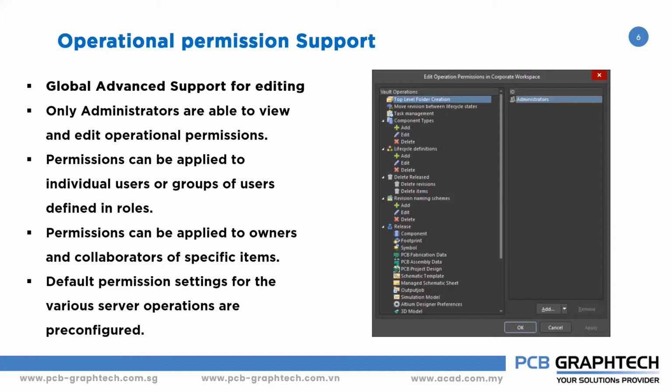When you give rights to only the owners, it means the person who created the component or the symbol is the only one who has the right to edit or make changes. So this is done inside the preference page under the data management server, and this can be accessed only by the admin. Okay, not by all the users.